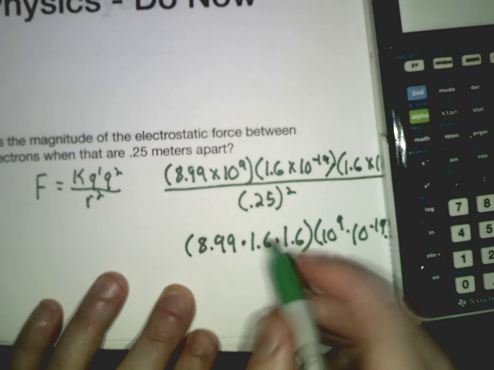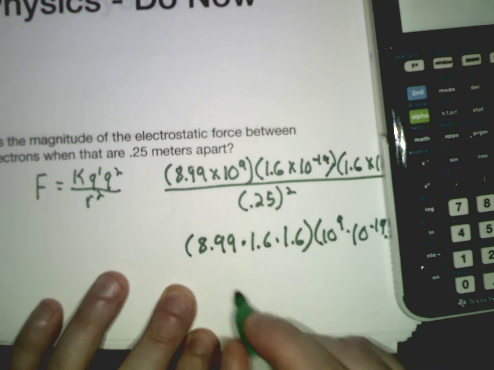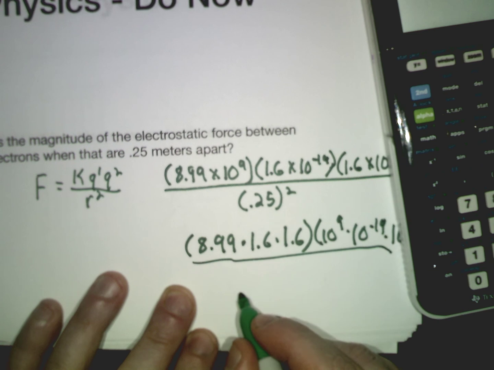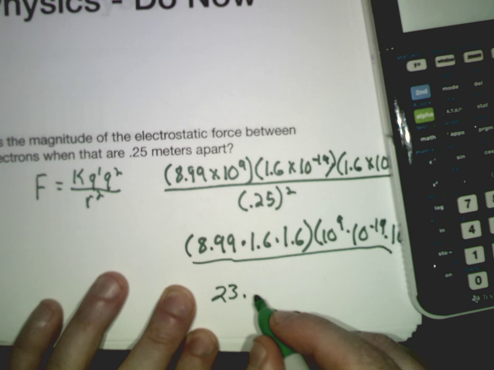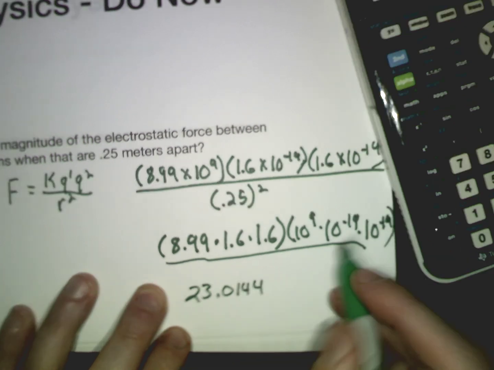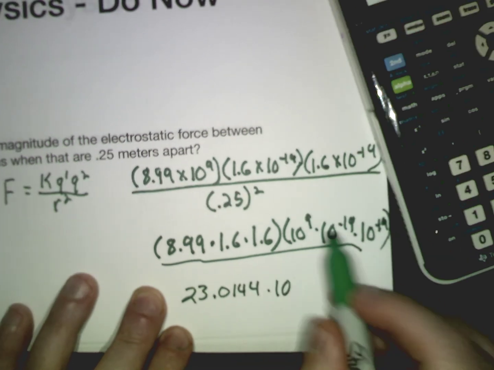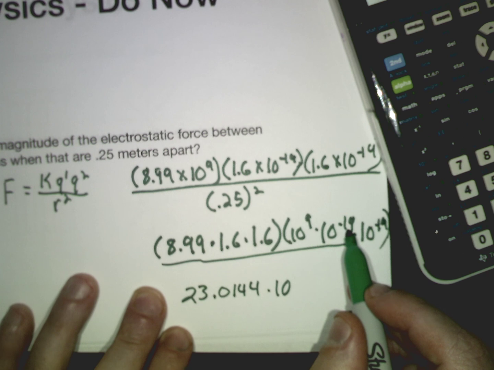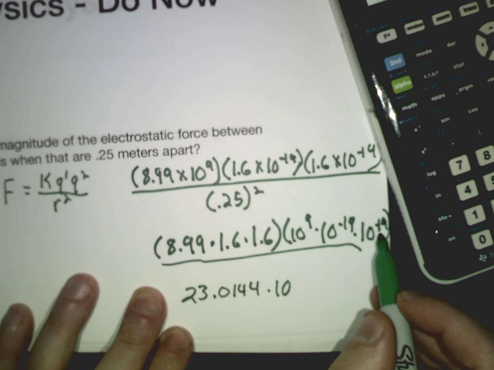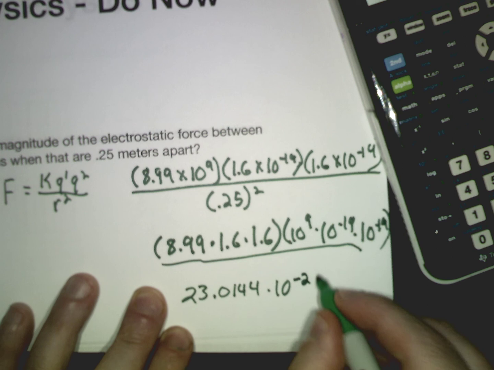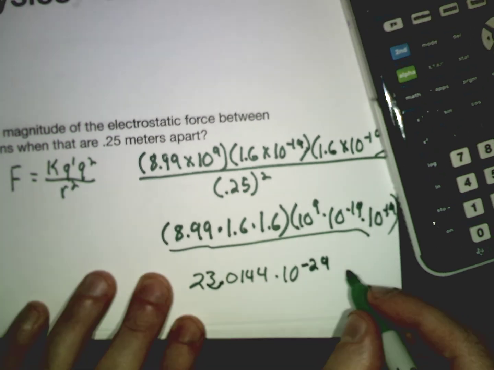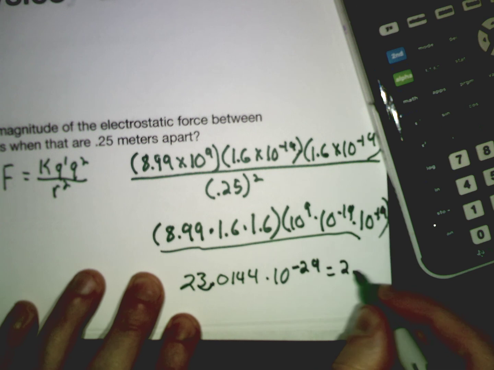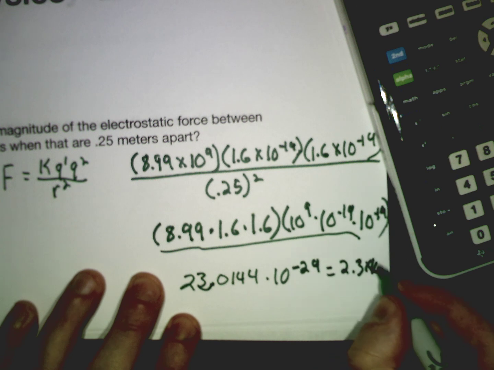I get 23.0144. Here I just do times 10. 9 minus 19 is negative 10, negative 29. Now I'm going to probably want to move it over. So it's 2.3 times 10 to the negative 30.